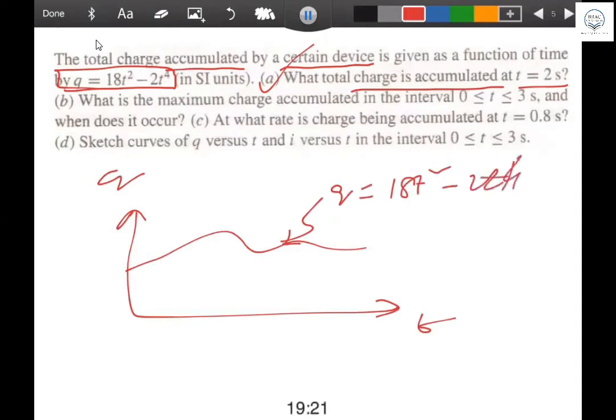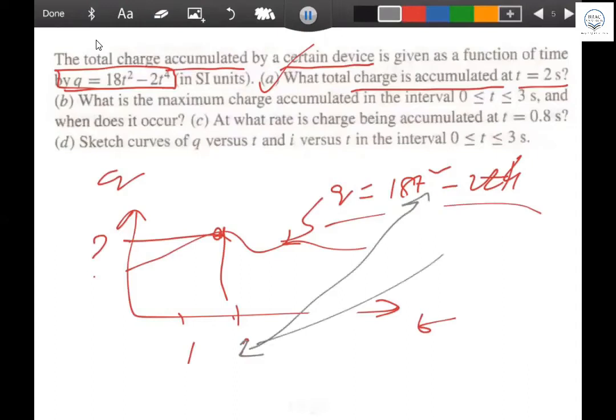This is the equation of this line. So 2 is coming here, and you are going to count the 2. What is the amount of charge? You have to find it from this equation. If you put the value of 2 into t, then you can get the amount of charge accumulated at that time.